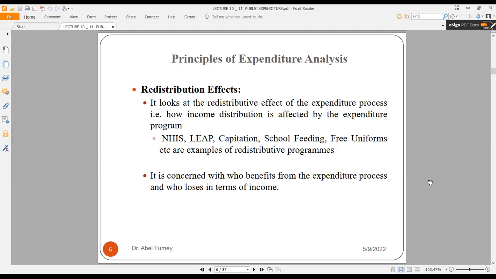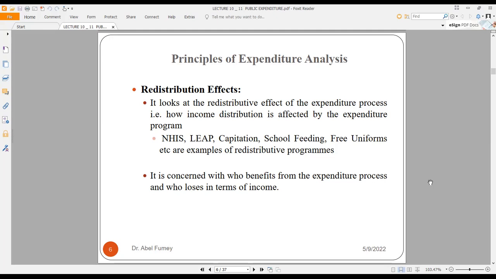So this effect is basically concerned about who or which group of people are benefiting and which ones are losing in terms of income. So if you take something like school feeding, they were trying to help the poor.